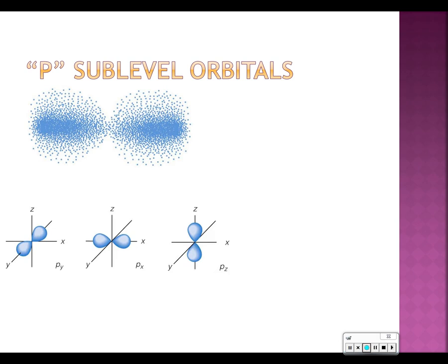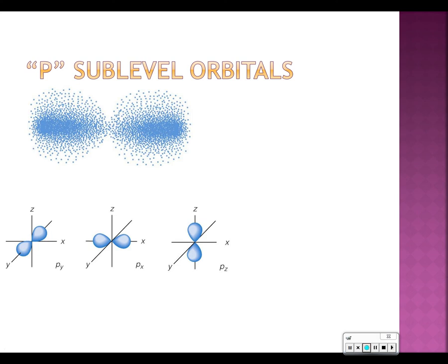Don't write anything down just yet. You'll see how we put this together down at the bottom of this page. But these are three individual P sublevel orbitals. One that runs side to side, one that runs up and down, and one that runs front to back.